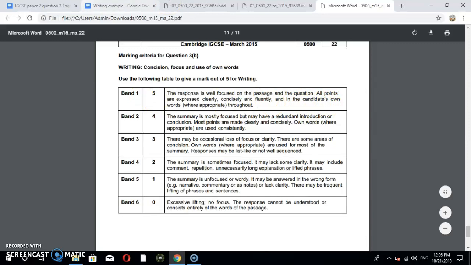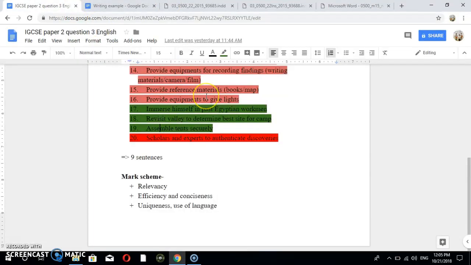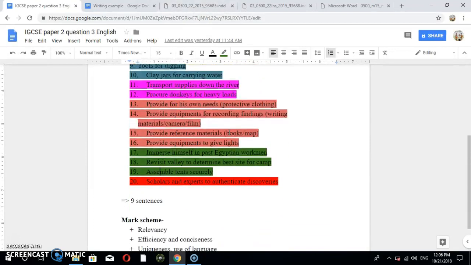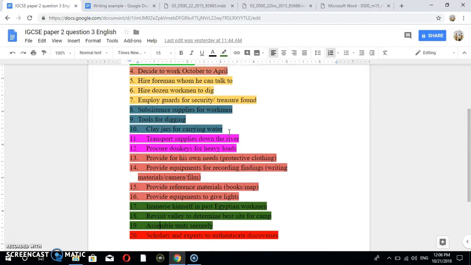All right. So we have to do that, and this is a very, very hard job because it depends on you, what you write, how you turn these 20 points into 9 sentences and make these 9 sentences as short and as meaningful as possible. So the top priority is that you have to show the points. If you don't show at least 15 points, you will not get the credit.